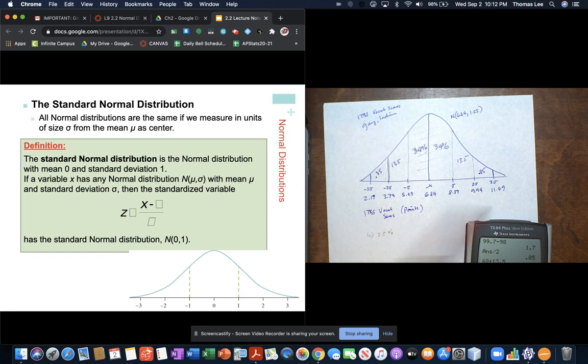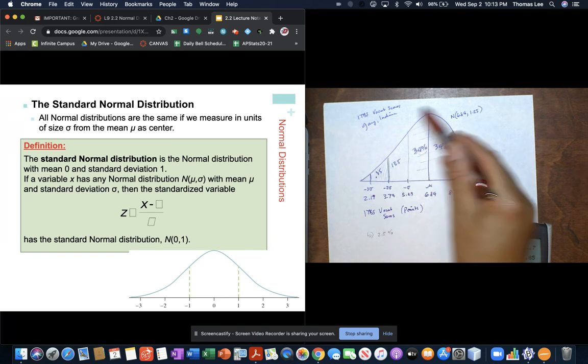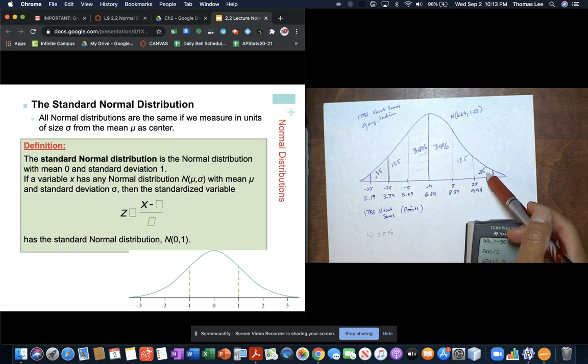So if we take the points away and we standardize the entire distribution of ITBS vocab scores, what we would get is a density curve that's also perfectly normal, where everything underneath it is z-scores, because we've now standardized.